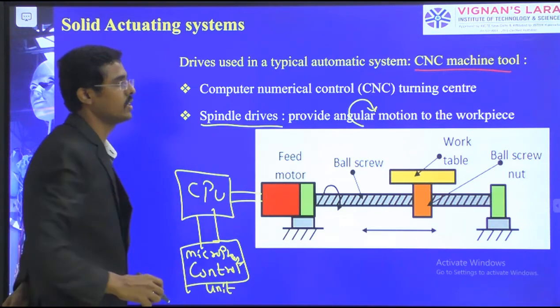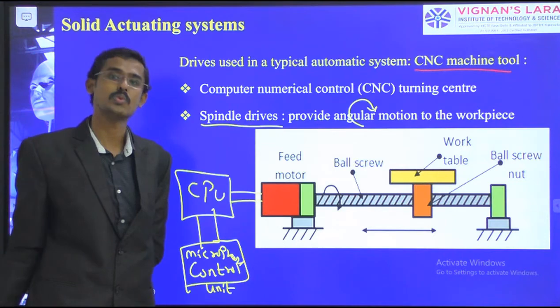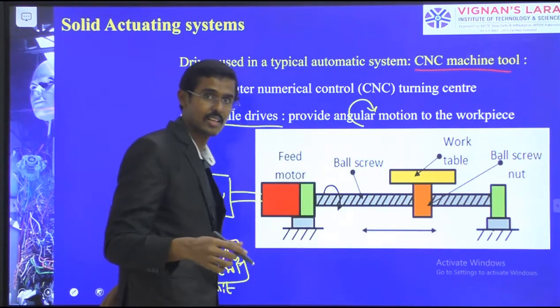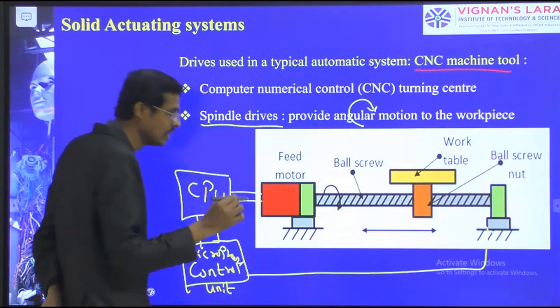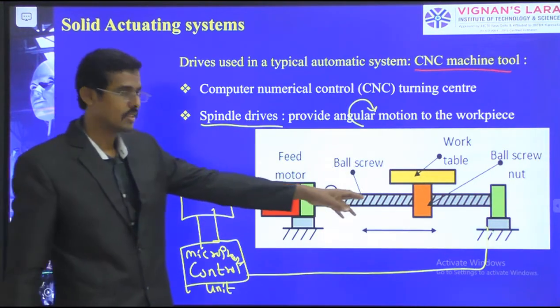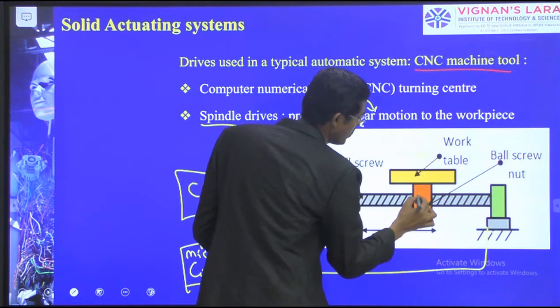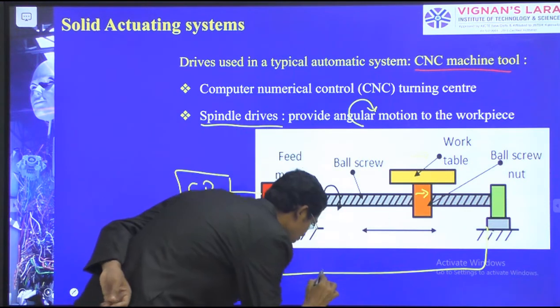So this control unit we have seen in the same setup in the closed loop system. Here we have a small connection, maybe a sensor, a feedback command system we are connecting to the controller, through which we know how much the table has moved, so that feedback system we are taking.